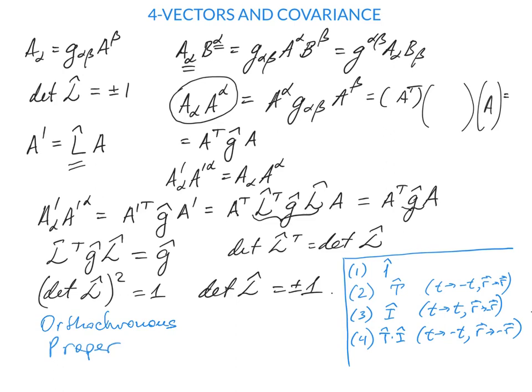So number 1, the component number 1 of the Lorentz group includes the orthochronous proper transformations. And this component itself forms a subgroup of the Lorentz group. This subgroup is denoted SO plus 1, 3. S for special, O for orthogonal, plus means orthochronous, and 1 and 3 are the numbers of components that enter with a plus and minus sign in the interval.